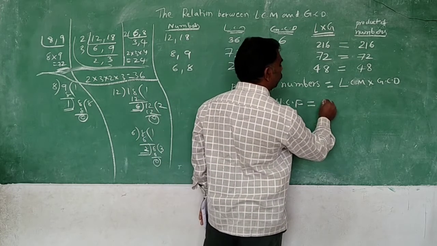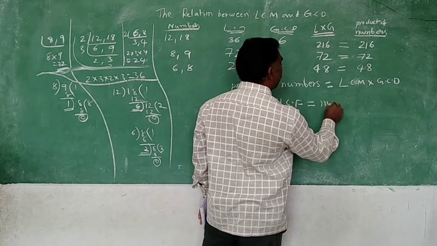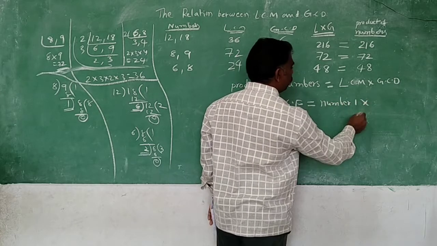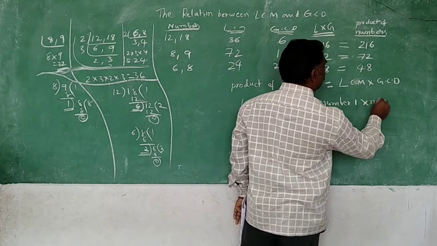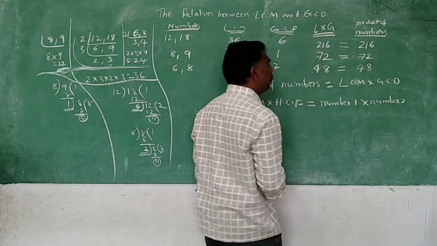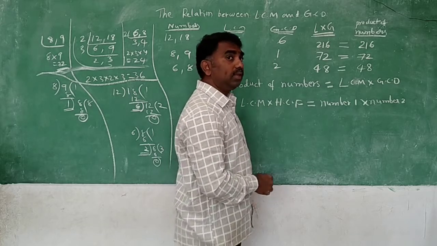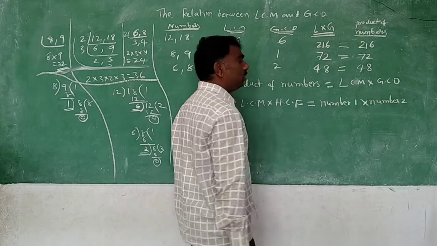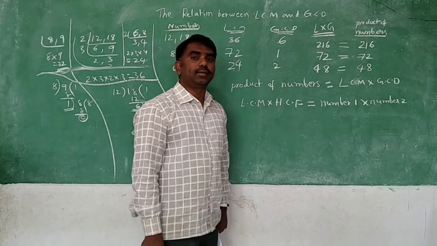Product means number 1 into number 2. Product of numbers I am writing in this way. You can take not only two numbers, but three numbers also. Then you will get the product number 1 into number 2 into number 3 like that.